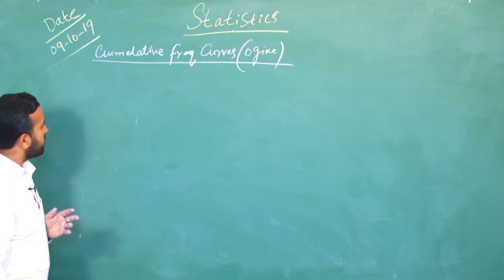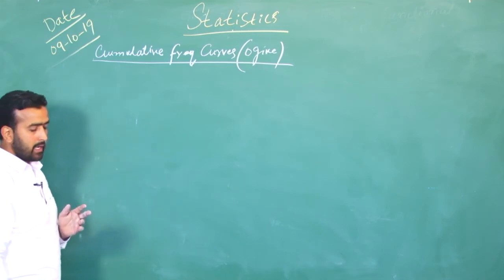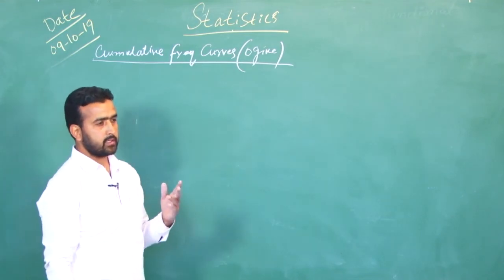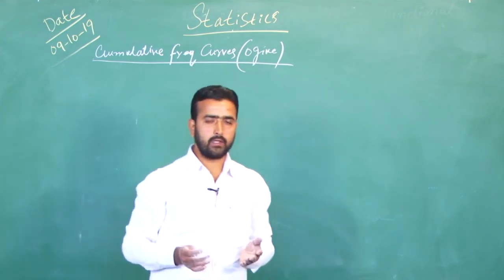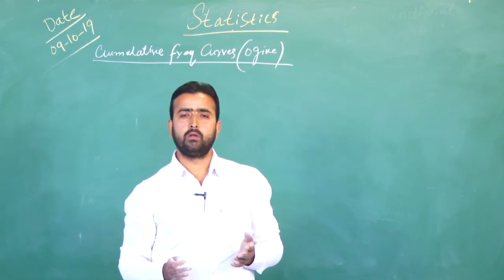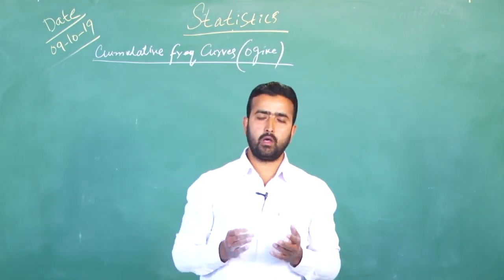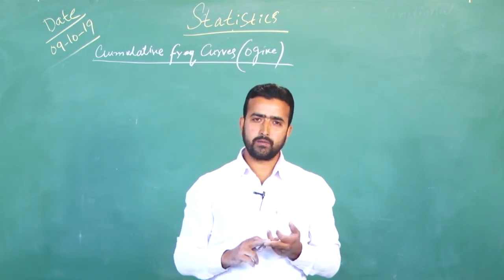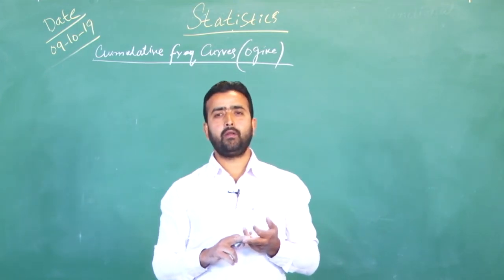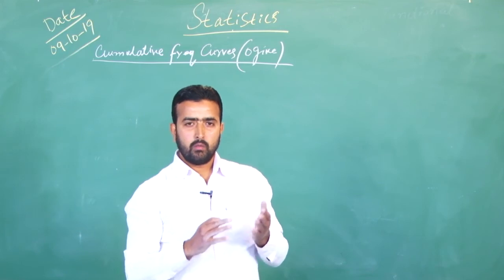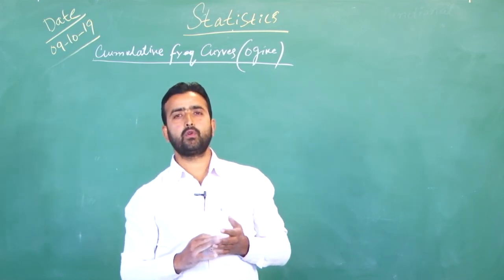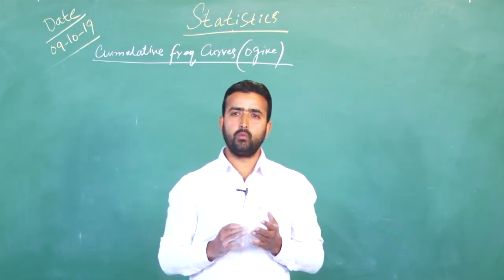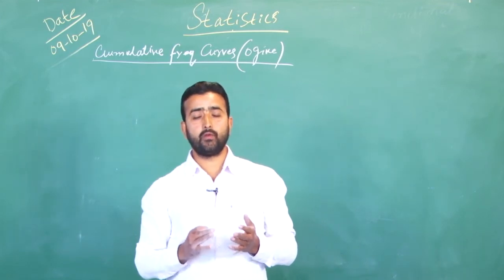Before starting the topic cumulative frequency curves, let me brief you about what we have done in class 9th. In class 9th, we represented ungrouped data using bar graphs, the histogram, and the simple polygons. But particularly here, we have to draw the cumulative frequency curves of the grouped frequency distribution.